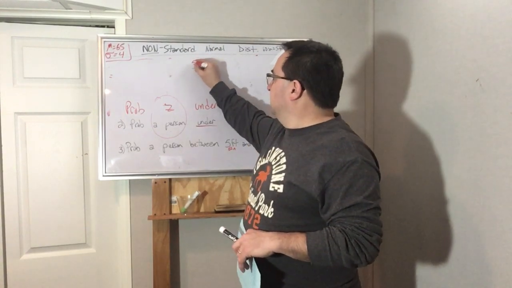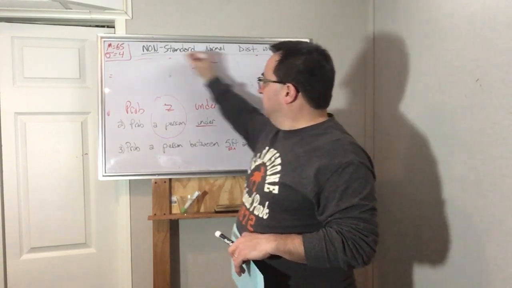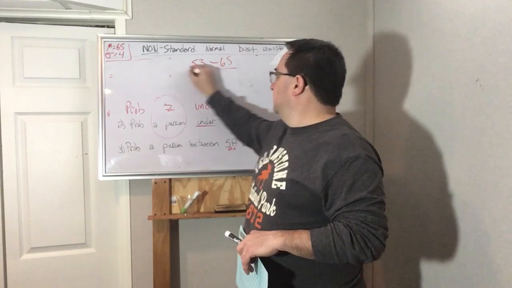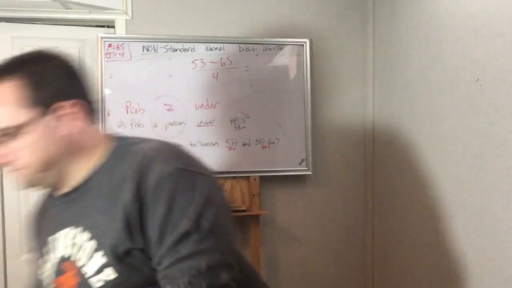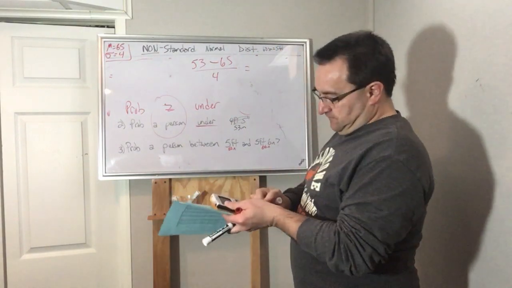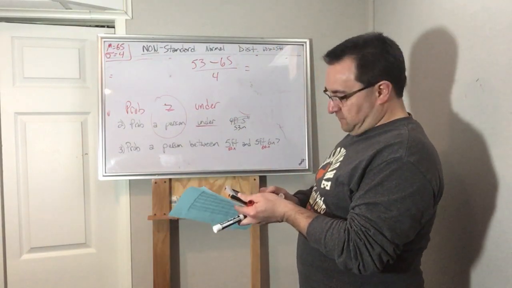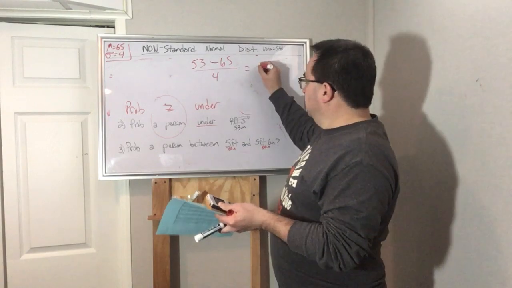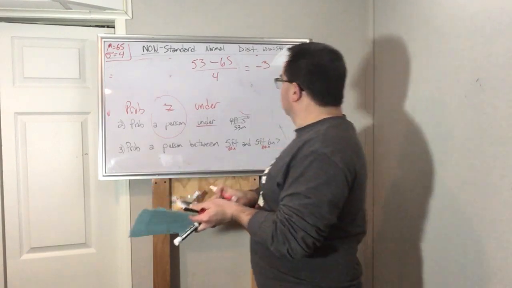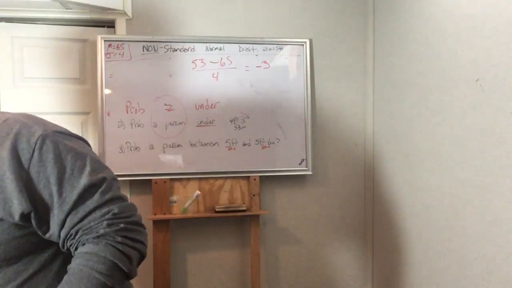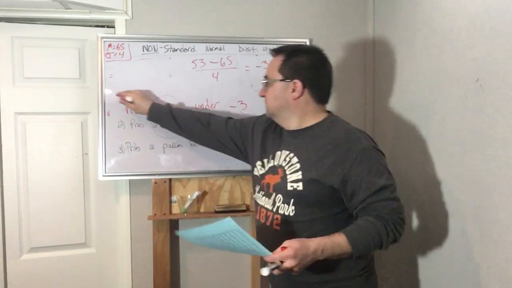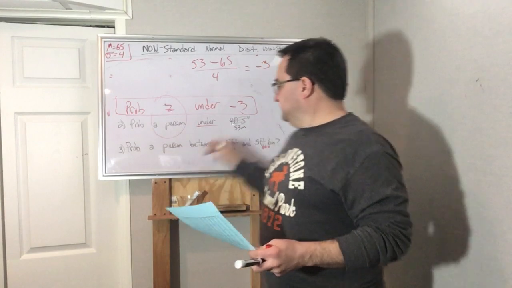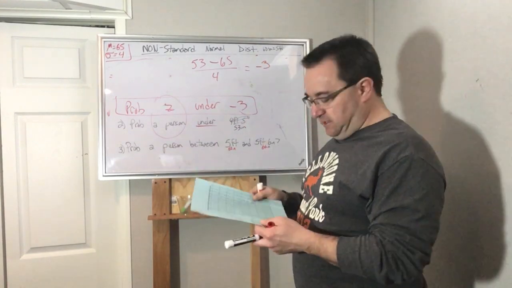That would be 53 minus mu over sigma. Notice that this is going to be negative. So 53 minus 65 over 4, I get -3. So this is my z value of -3.